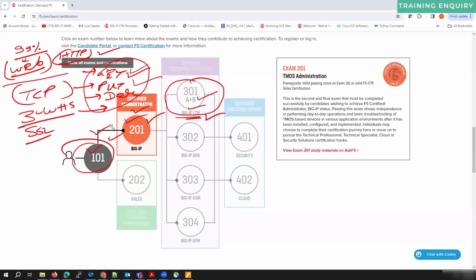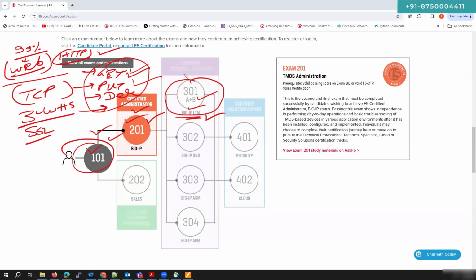DSR means direct server return. Your request will go through the load balancer, but then it will return directly from the server. That's called the DSR deployment method, direct server return. So it depends upon how you are deploying it. But yes, we should know about all these concepts.